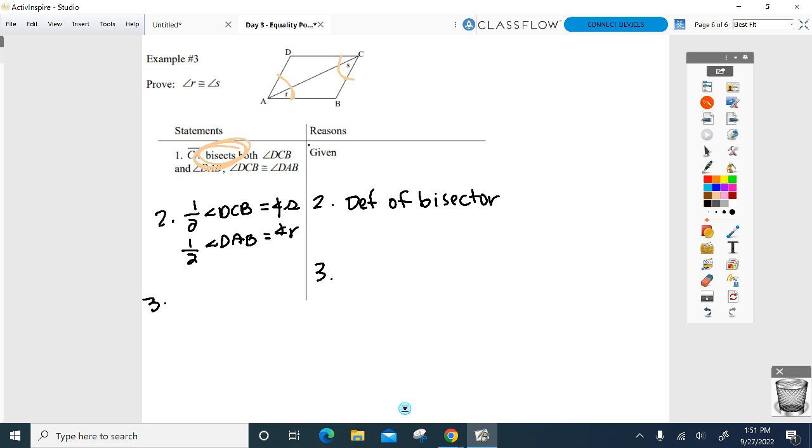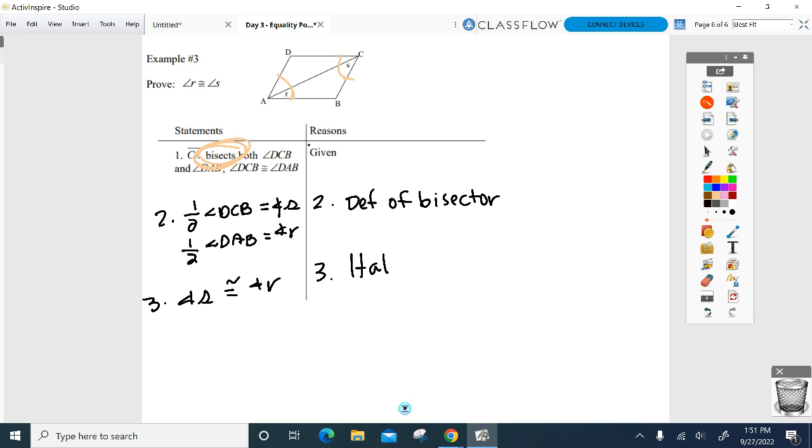What do I know about angle S and angle R? I just took half of what? Two angles that were equal. So what do I know about the halves? They also have to be equal to each other, or congruent. And this is not substitution.